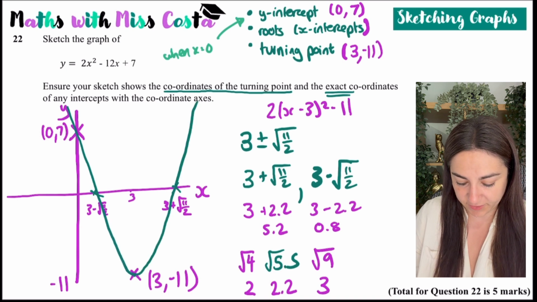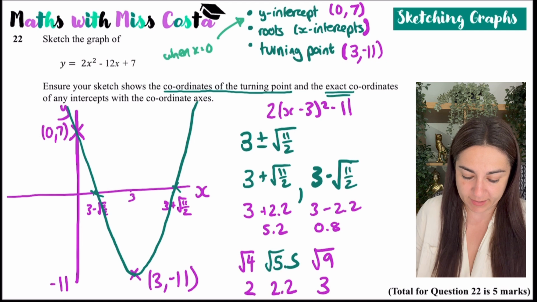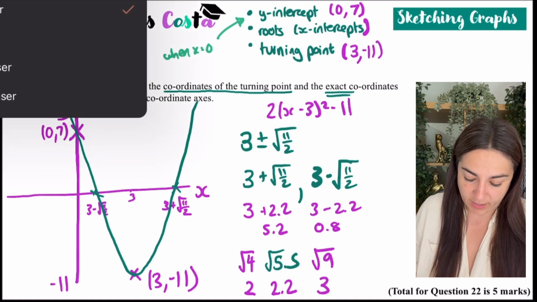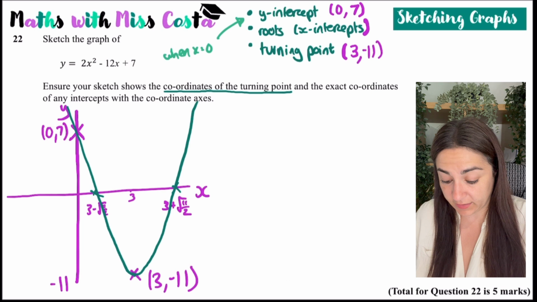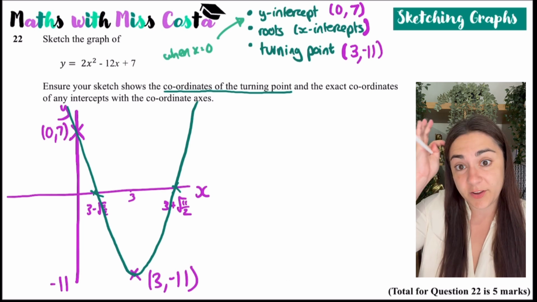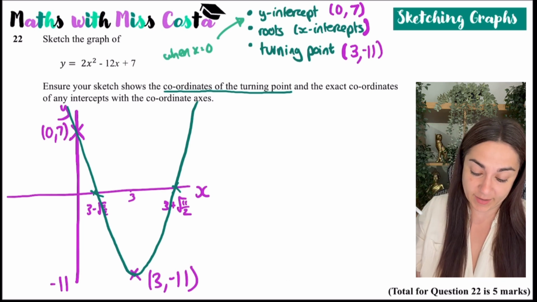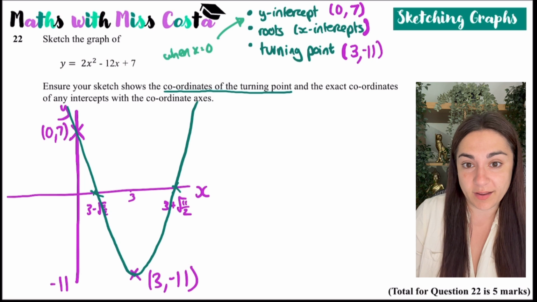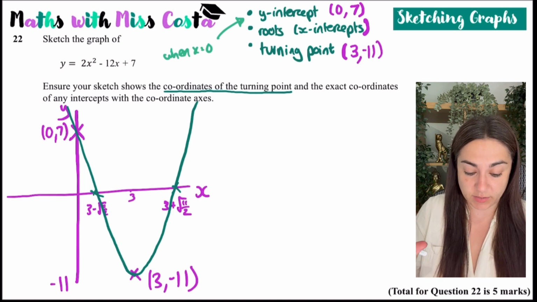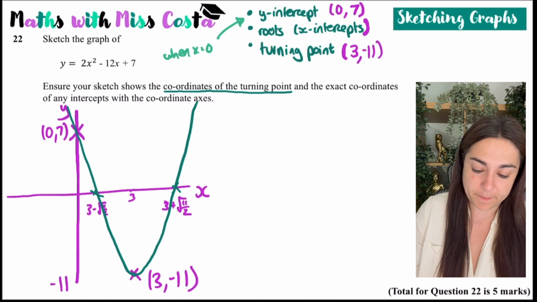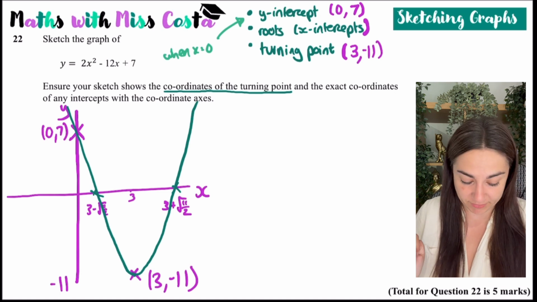So it's just a sketch, but the key point is that you've labeled everything and made it really clear. And the key things to remember for sketching a curve: for the turning point, you complete the square. The roots is when y equals 0, so you make the quadratic equal to 0 and you solve it. And the y-intercept is when x equals 0.